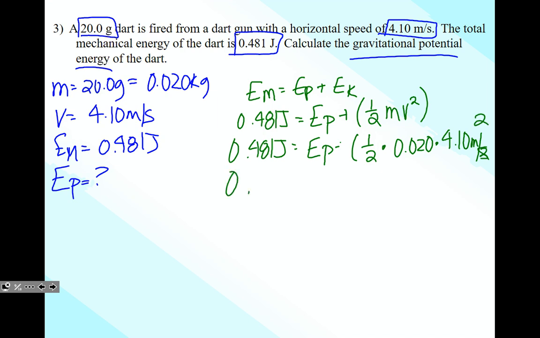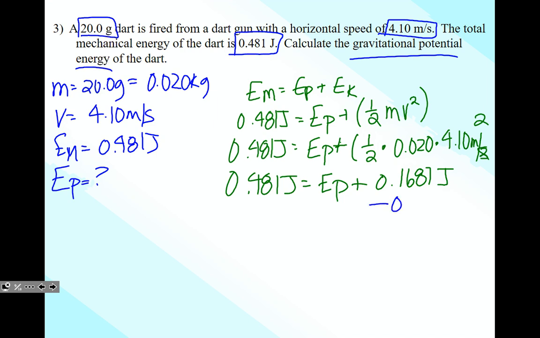So 0.481 joules equals EP plus 0.1681 joules.